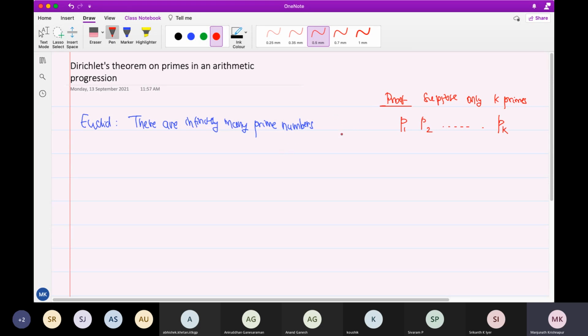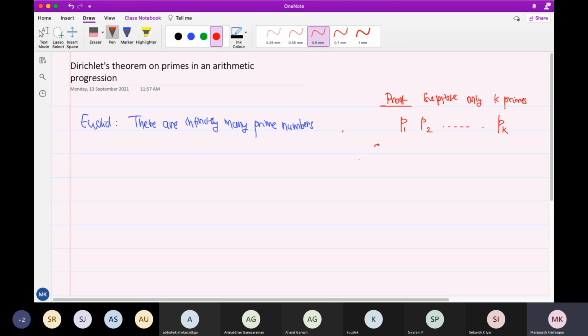Every number can be written as a product of prime powers, right? The fundamental theorem of arithmetic says that you can write it uniquely as a product of prime powers. What we use is even weaker: we will assume that every number can be written as a product of prime powers. Let's forget 1.